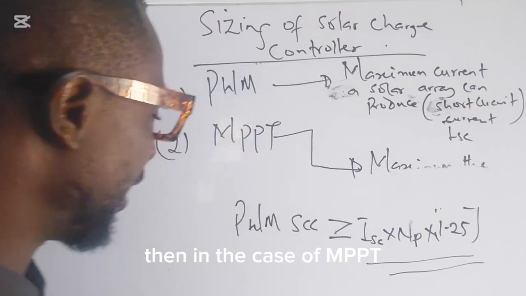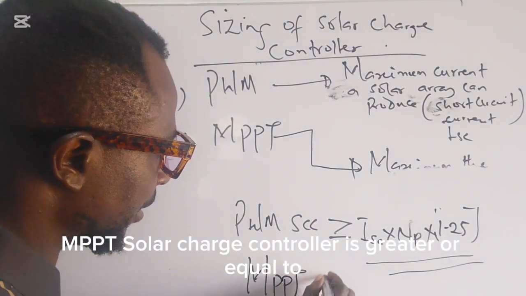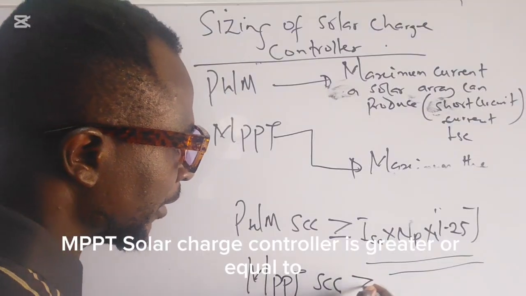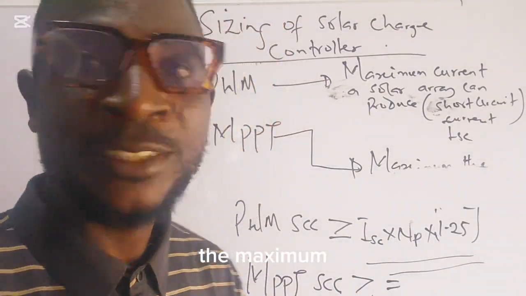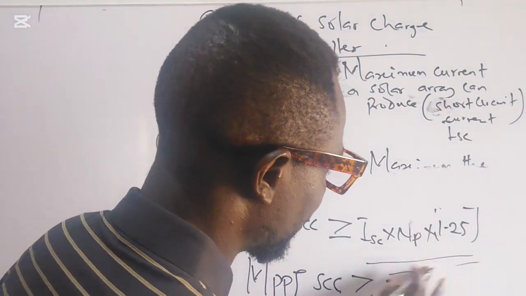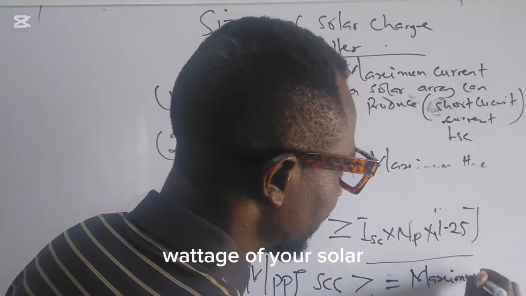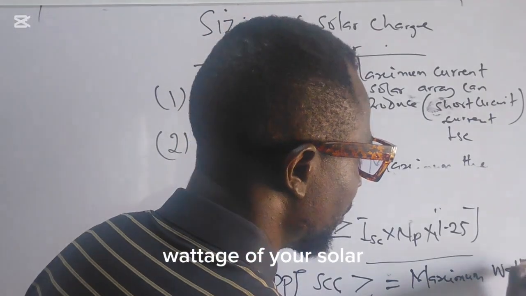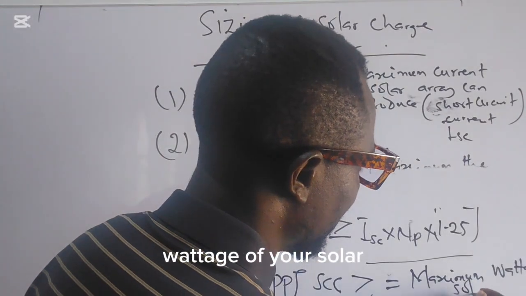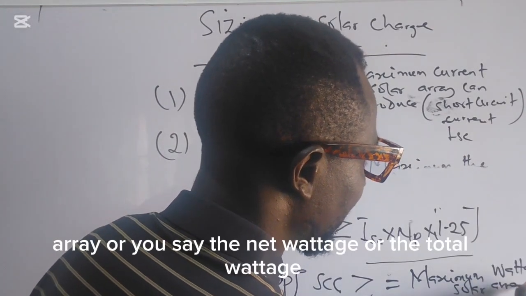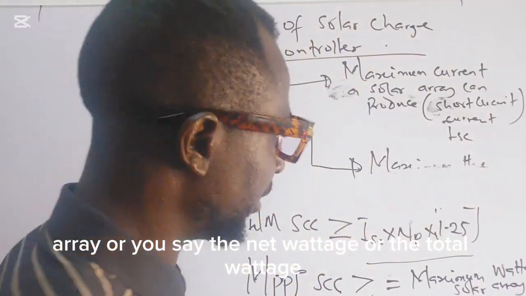Then in the case of MPPT, the solar charge controller rating is greater than or equal to the maximum wattage of your solar array, or you say the net wattage or the total wattage.